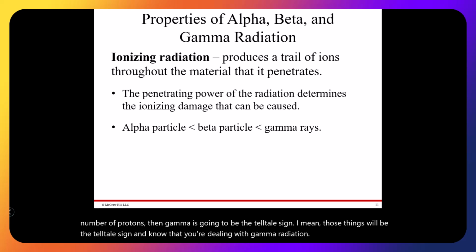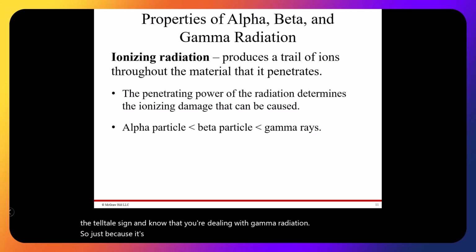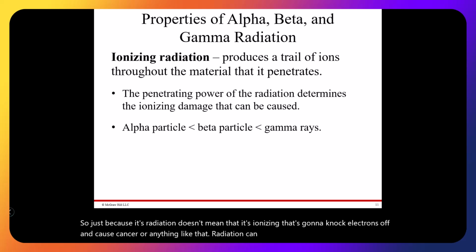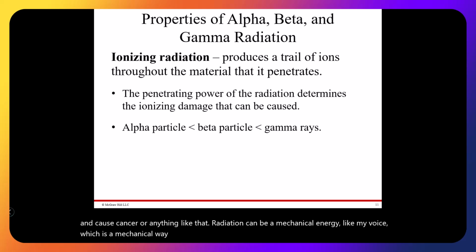Just because it's radiation doesn't mean that it's ionizing, that it's going to knock electrons off and cause cancer. Radiation can be a mechanical energy, like my voice, which is a mechanical wave which compresses and expands gas molecules. And then we have visible light, which is not an ionizing form.